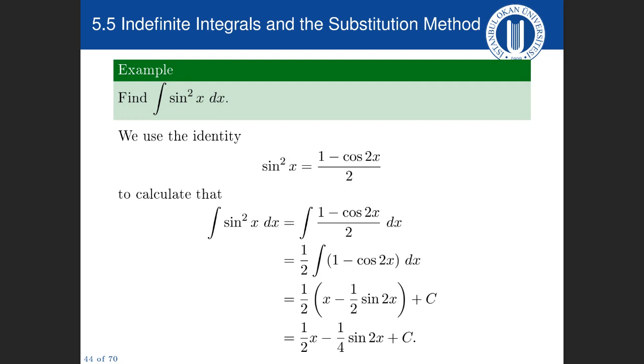So we substitute that in, and then we can do our integration and find our answer. We need to integrate 1 − cos 2x. An antiderivative of 1 is x. An antiderivative of cos 2x is a half sin 2x. And then we get our final answer: a half x minus a quarter sin 2x plus c.